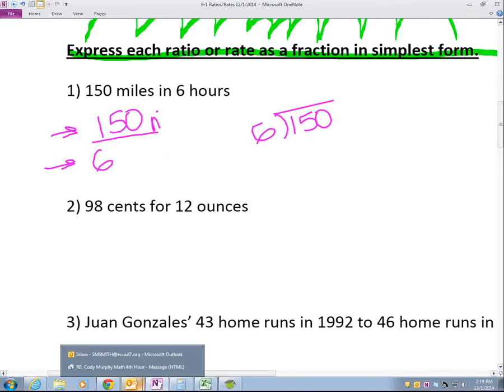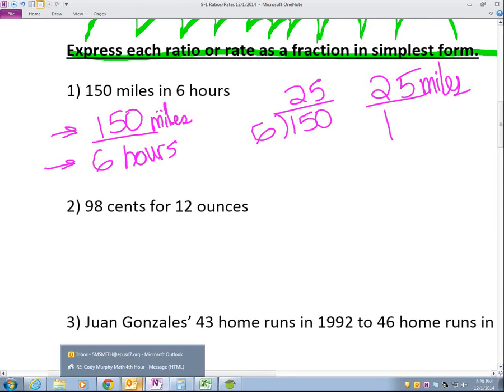Okay. 6 divided by 150, you're going to get 25. And that's going to be 25 miles over 1 hour.